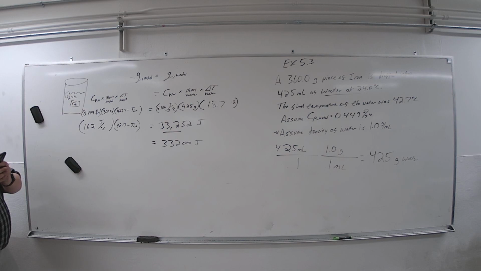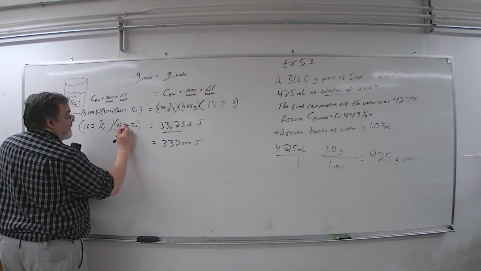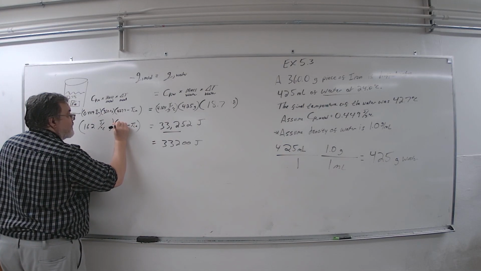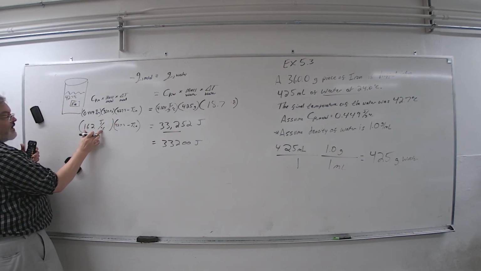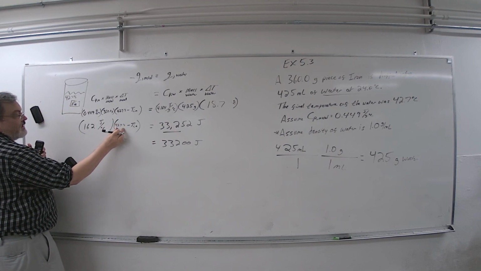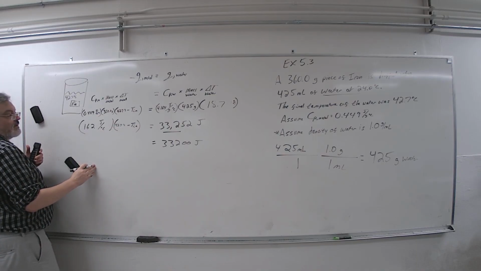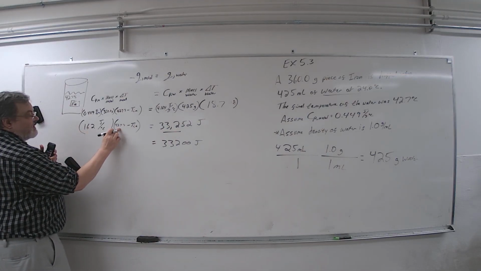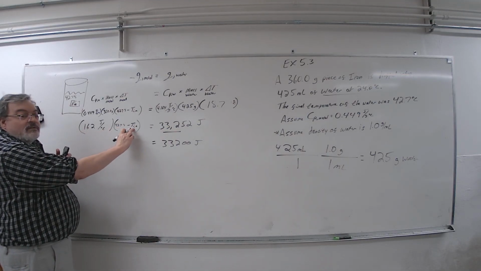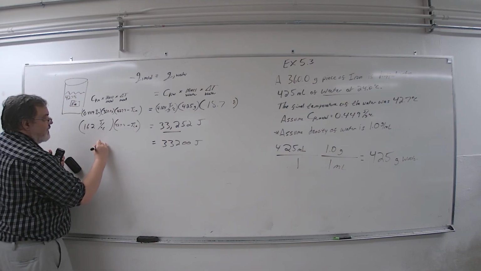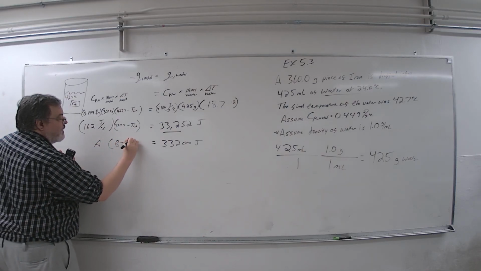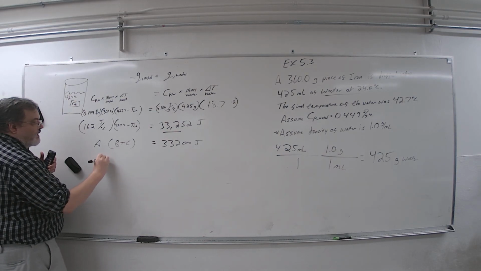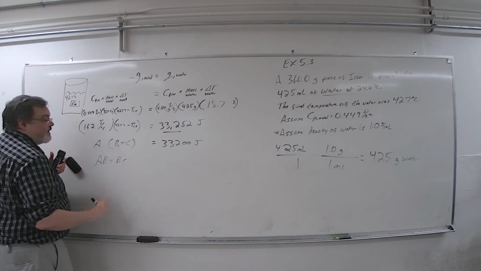All right, whatever. 162 times 42.7. This is 42.7 degrees C. So if I multiply this by this, and then I multiply this to this, it's like, for this, I can go AB plus BC.